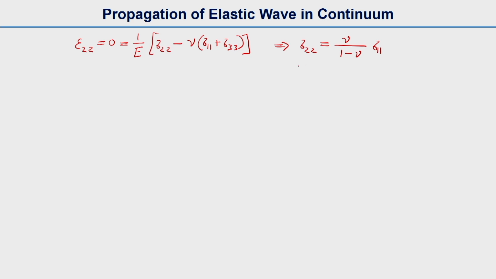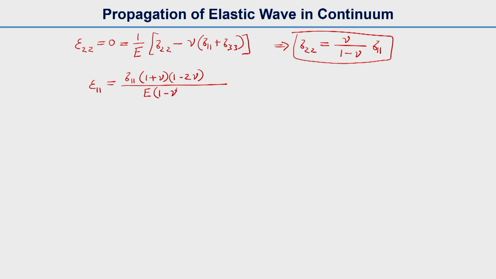If we replace sigma 22 in the earlier expression of epsilon 11 with this, then the expression will look like sigma 11 times 1 plus nu times 1 minus twice nu, over Young's modulus times 1 minus nu.